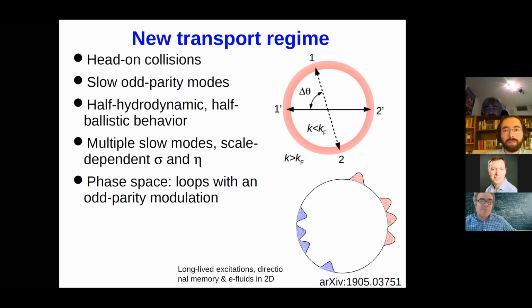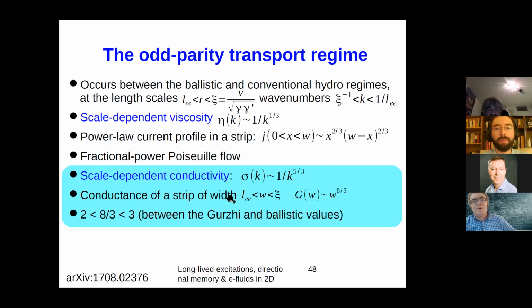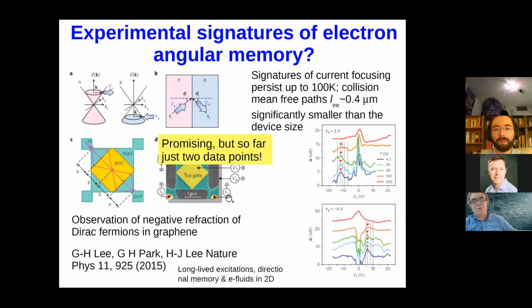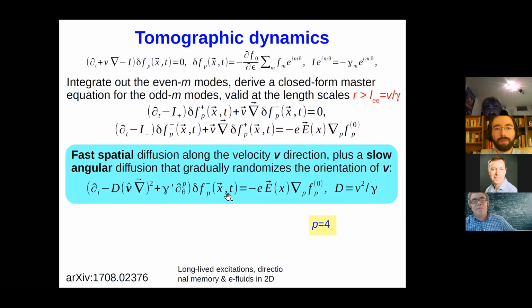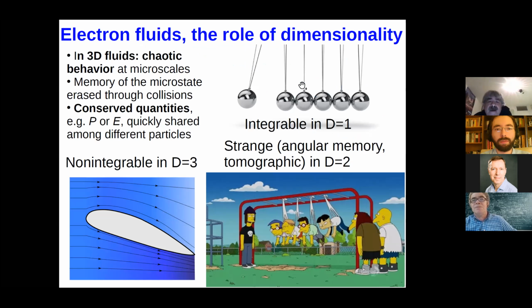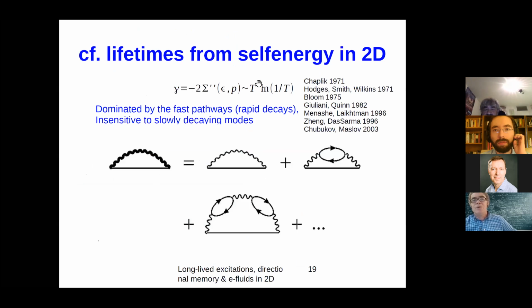People did think about two-dimensional fermion systems, and many people noticed that there is something funny about them. In particular, very early on, if you do a simple self-energy calculation to look at the quasi-particle lifetime, then normally you find T-squared.